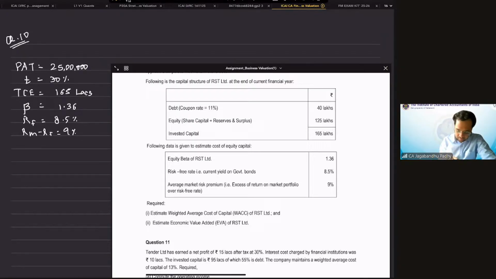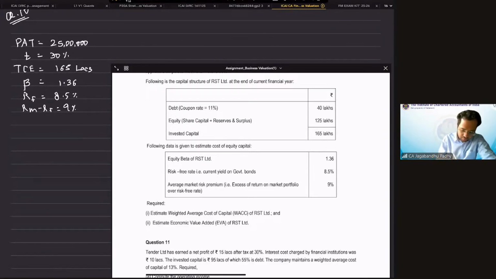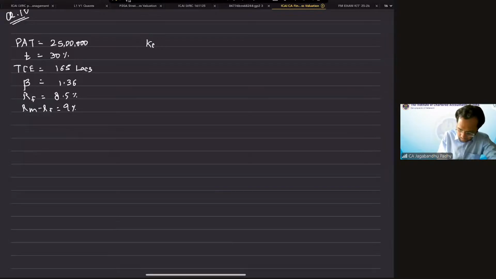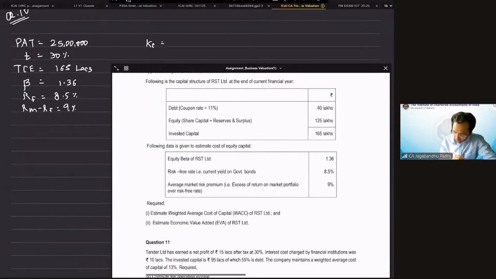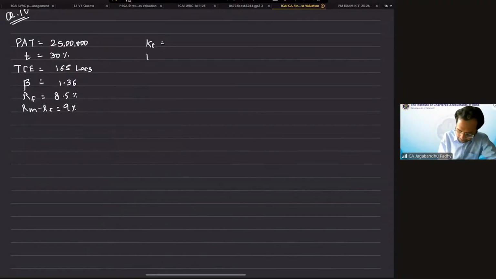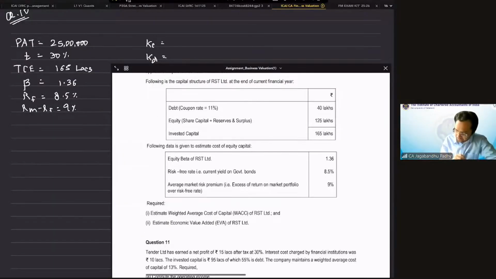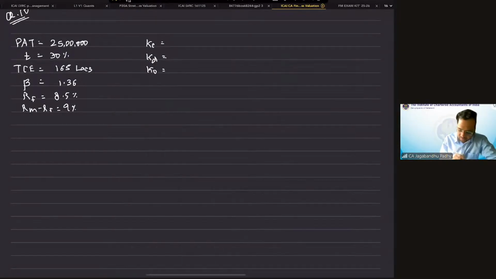You should start with the calculation of KE, the cost of equity. After KE, we need to also get the post-tax KD. Then you have to get the weighted average cost of capital, KO. Once you have that, from PAT you need to arrive at PBT and then at EBIT.